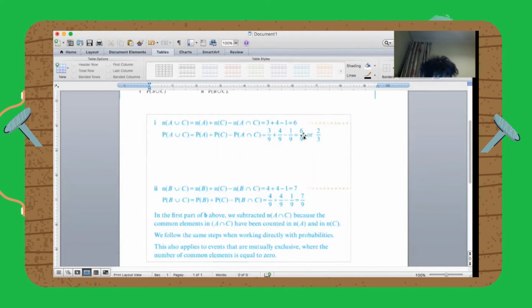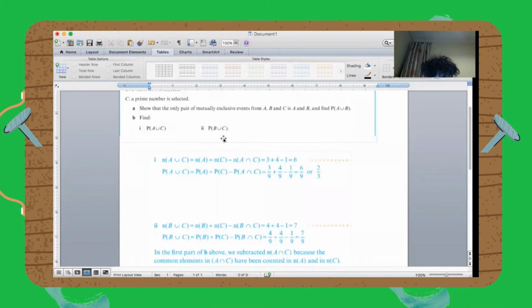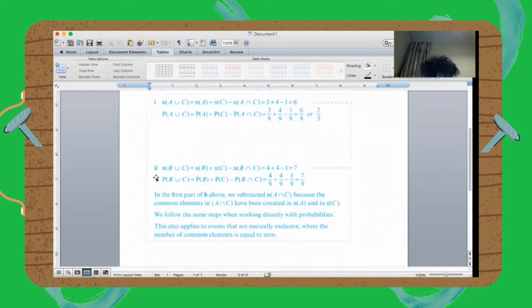The answer is 6 over 9, or 2 over 3. That's the probability of A union C.